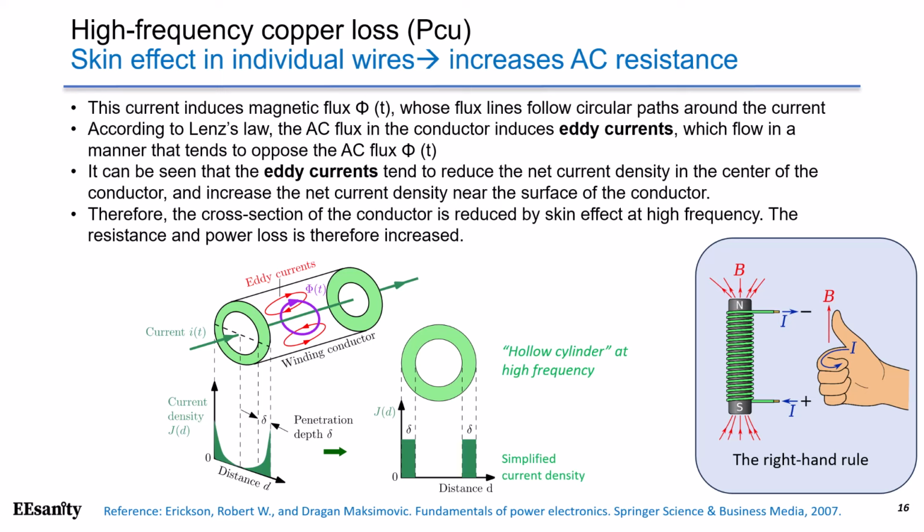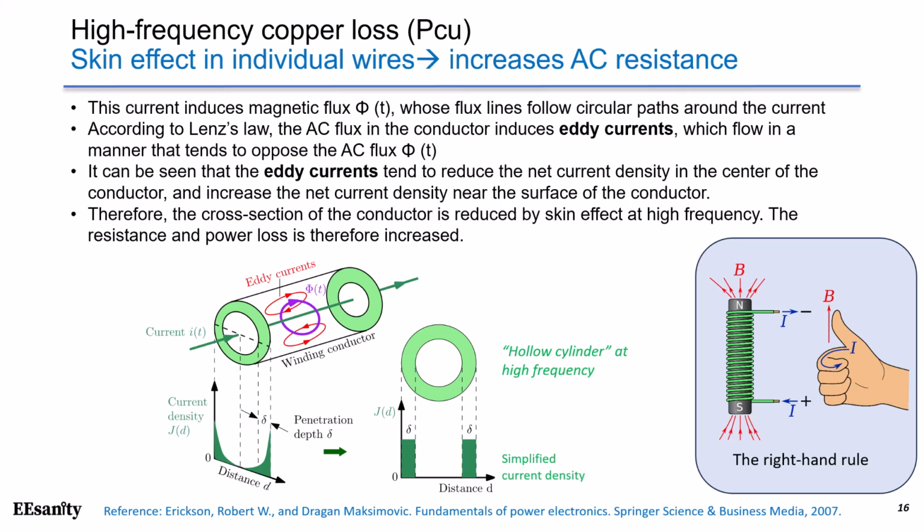According to Lenz's law, the AC flux in the conductor induces eddy currents, which flow in the manner that tends to oppose the AC flux phi, as shown in purple. The induced eddy currents partially cancel the current flow in the center and reinforce it near the surface, or skin.